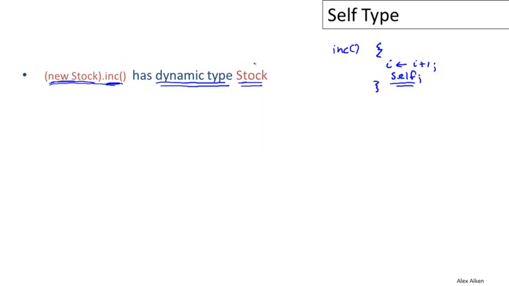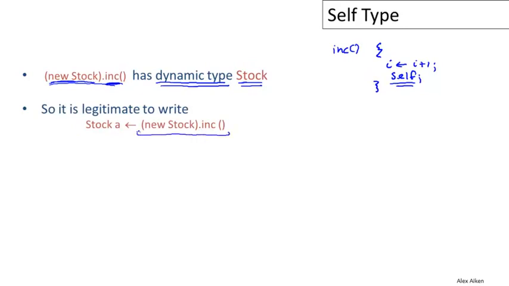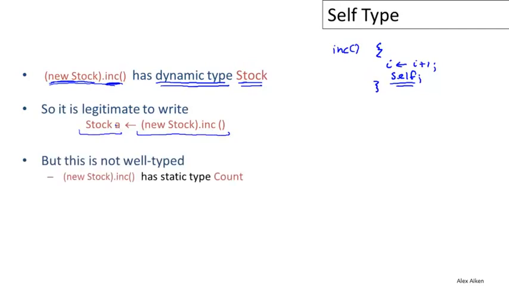So it's returning something of dynamic type Stock. And so this program will actually run. If you didn't have type checking, you could run this and it would work just fine. This would produce a dynamic Stock object and it would store it into the Stock variable. But it's not well typed because the type checker loses track of the fact that this is a Stock object.